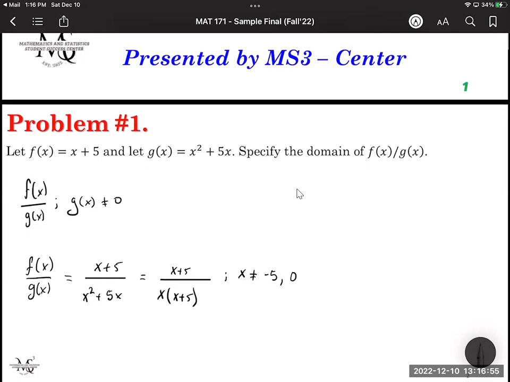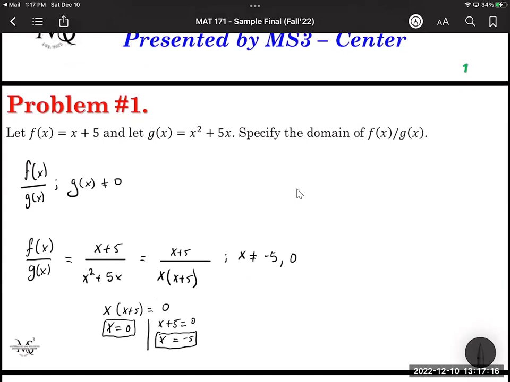You take the denominator, x times x plus 5, set it equal to 0, and solve for x. You get x equals 0, and if x plus 5 is equal to 0, then subtracting 5 on both sides gives x equals negative 5. Those are your two problematic inputs. Other than that, you don't have any other problematic inputs.